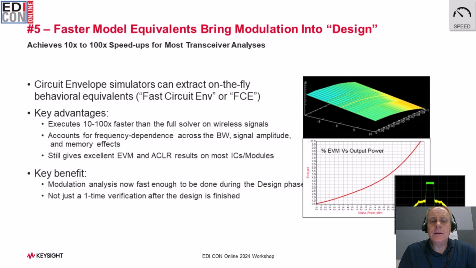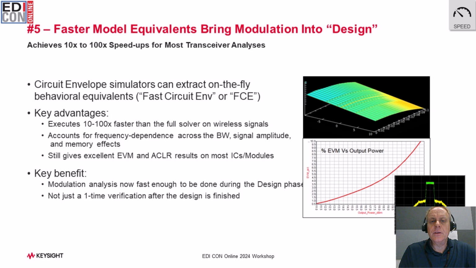Another, idea number 5, is the idea of fast circuit envelope equivalence. Instead of a 1,000 transistor or some large analysis that possibly has EM and a number of other things, there are cases where you can approximate that by pre-calculating a surface and then quickly just analyzing against that surface.